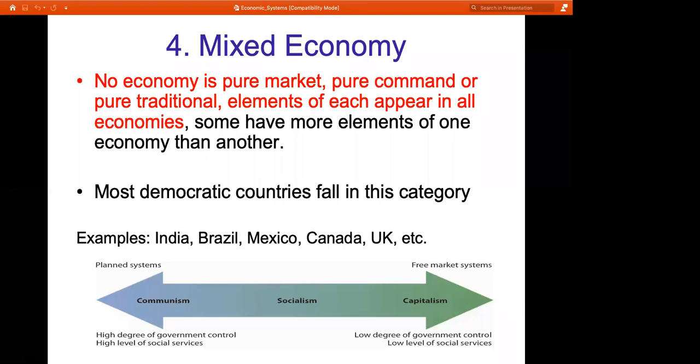So no economy is purely command, socialistic, or pure market. Somehow they have a blend of both elements, and a mixed economy is one which has features of both capitalism and communism. Most democratic countries fall under this category. Examples are India, Brazil, Mexico, Canada, and UK.